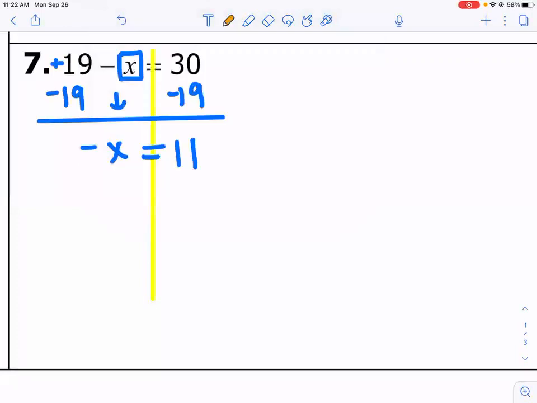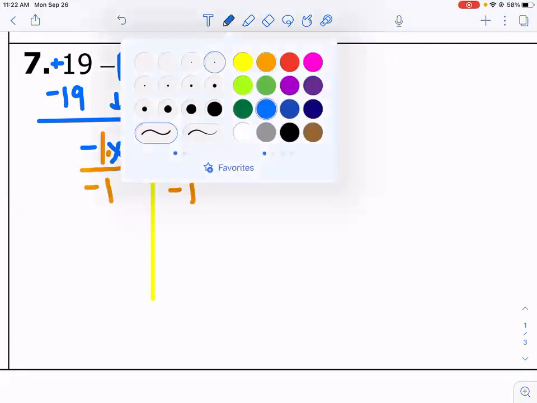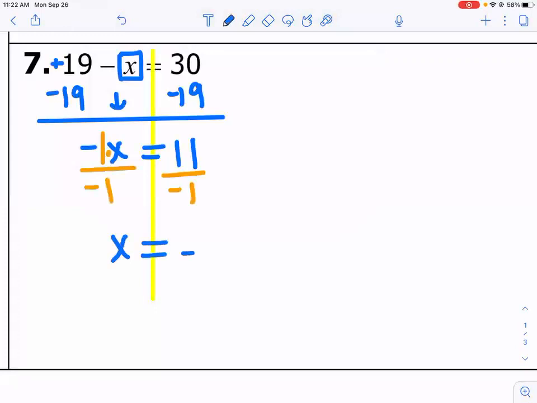Remember, there is an invisible 1 attached to any variable that doesn't have a coefficient. So this is like negative 1x equals 11. And what's in between the negative 1 and the x? Multiplication. So we need to divide both sides by negative 1 to get x equals negative 11.